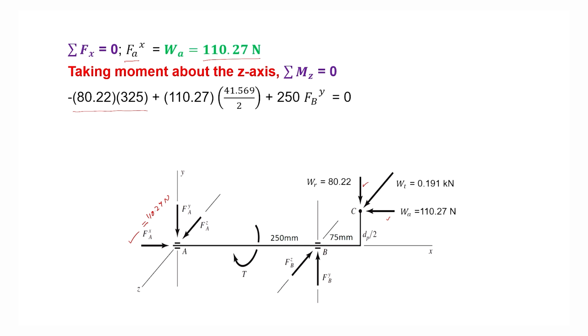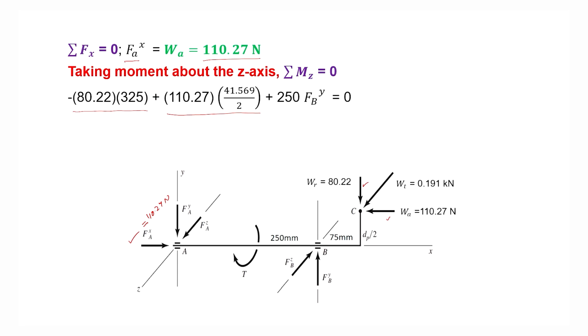Then another component of force is this Wa, which is acting in the direction of x, and that will give the moment equal to Wa multiplied by this distance, which is dp divided by 2. It is trying to rotate about the z axis in an anti-clockwise direction, so it is taken as positive.